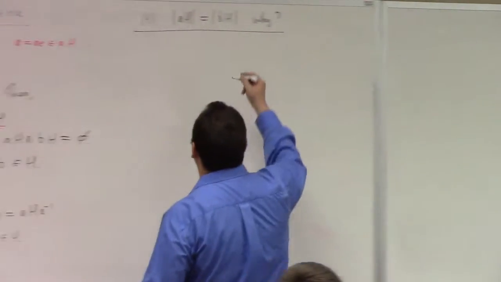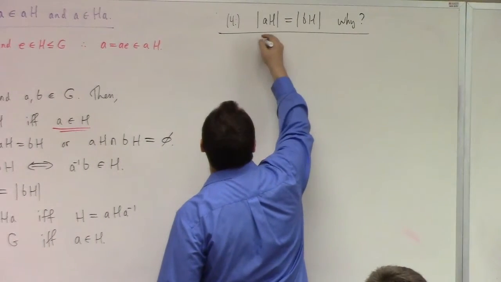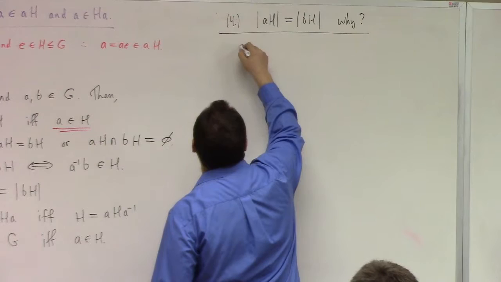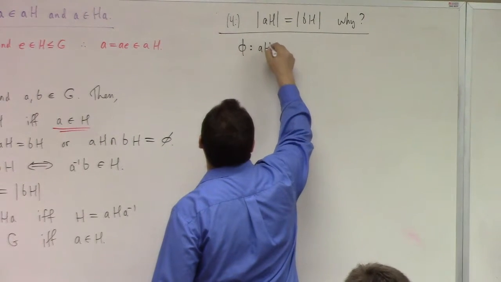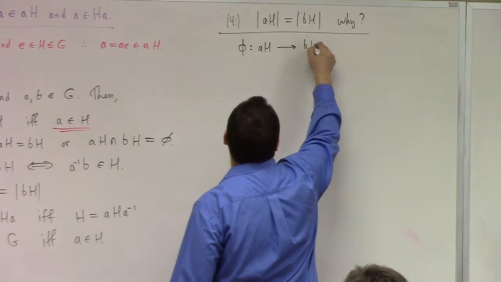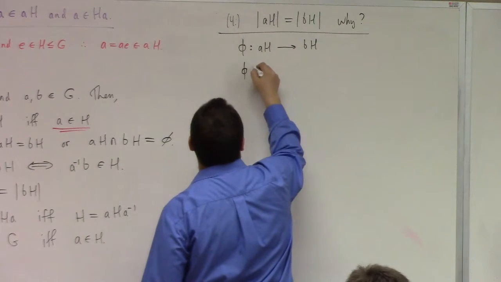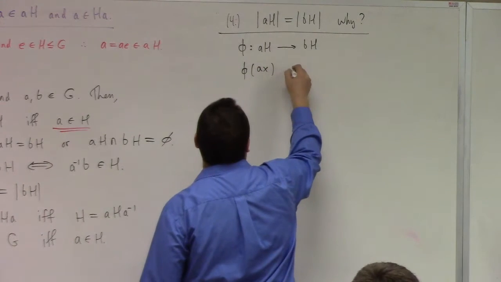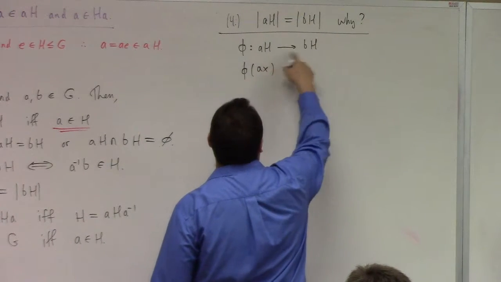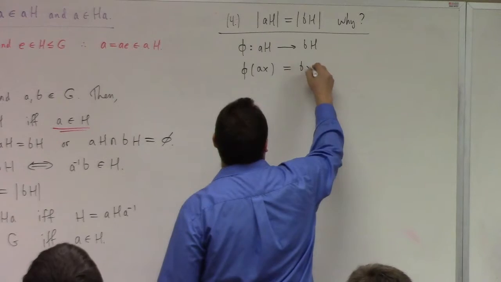Actually, I can prove this pretty fast. Here, check it out. We just define phi, a mapping from AH to BH. A typical thing in here has the form AX, right? So you map it to BX.